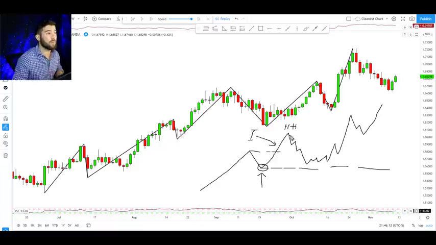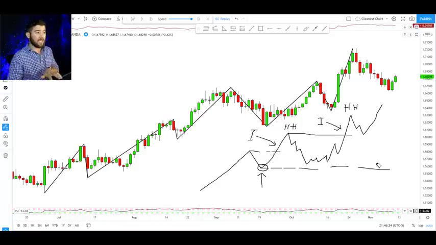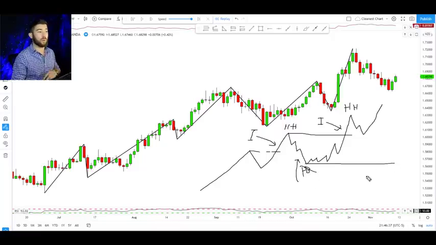So when we get a break above this high right here, when this market breaks above this high with the new impulsive move making a new higher high, then this market is still considered to be in an uptrend until or unless the market breaks and closes below what? The lowest low of the pullback, which would be where I just put this line. This is the lowest low of that pullback.